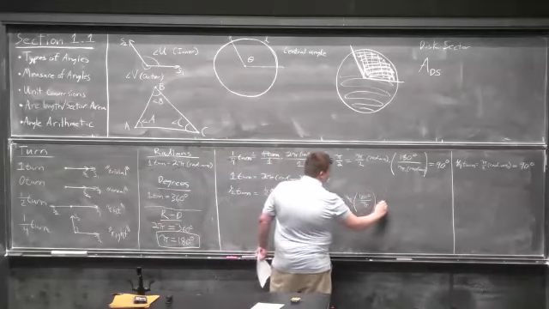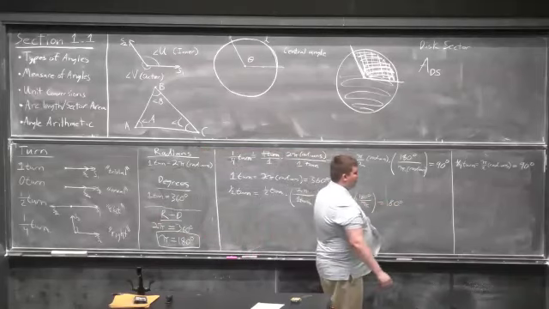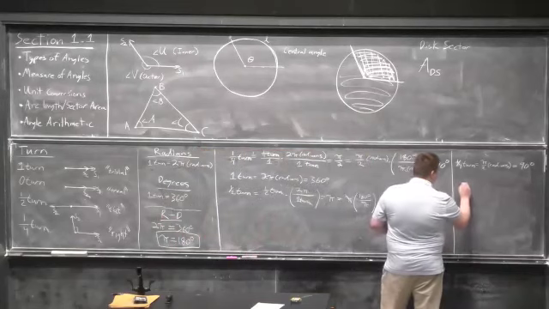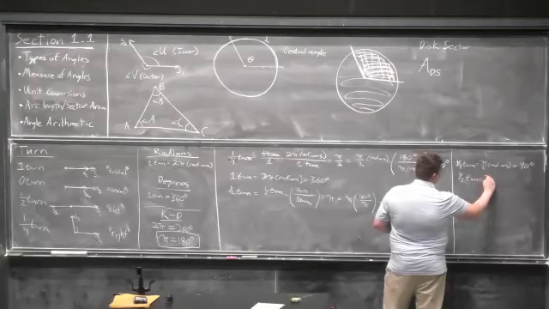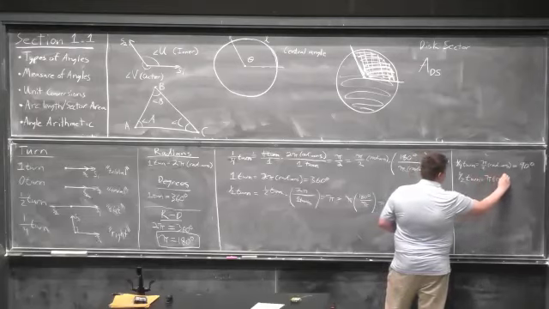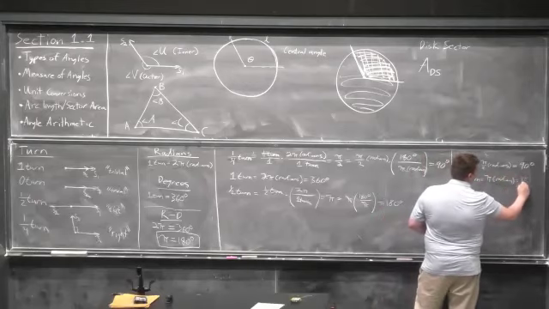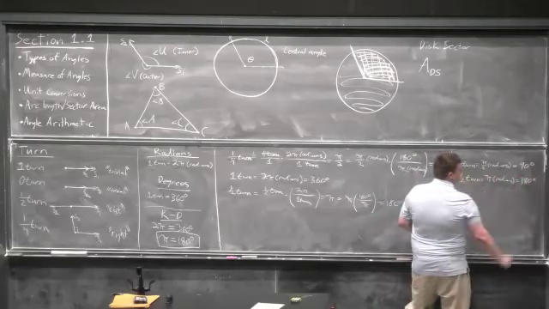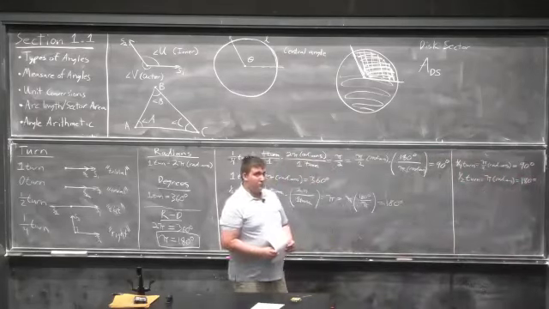Cancel out the pi, and we get 180 degrees. So we can say that a half turn is equal to pi radians, which is equal to 180 degrees. Okay.